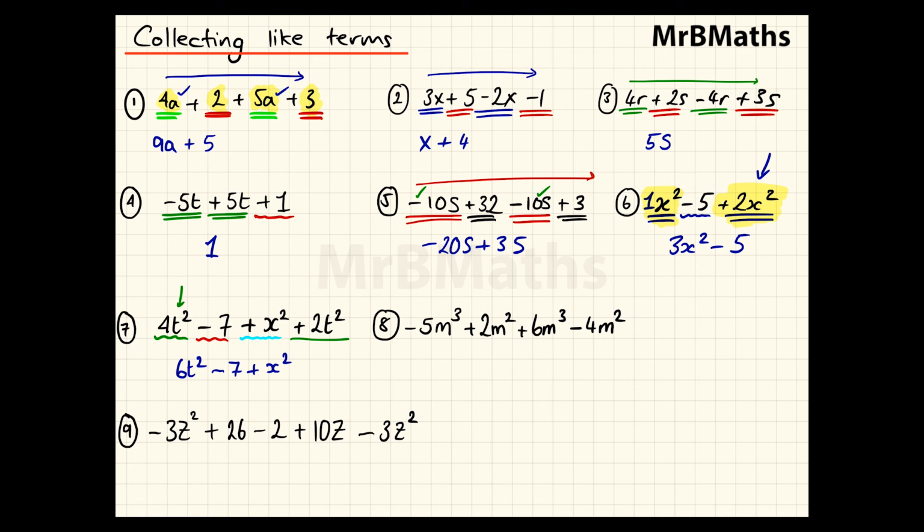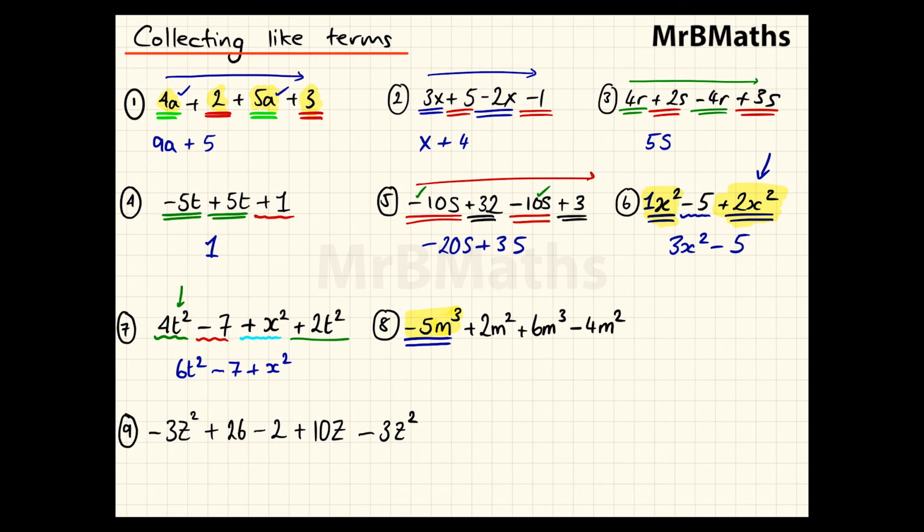Right, for question number 8, I've got minus 5m to the power 3, or m cubed. I then have to look for other terms which are m cubed, okay, because this is saying that there's minus 5m cubed, but m cubed is what I need to be looking for in the expression.